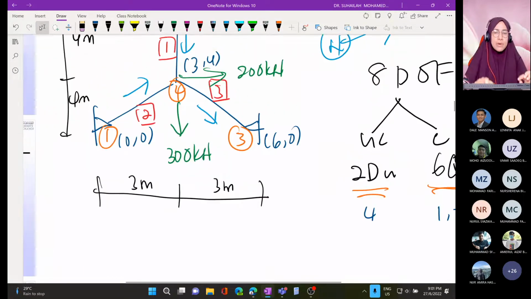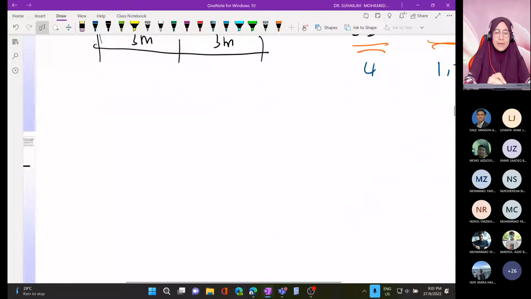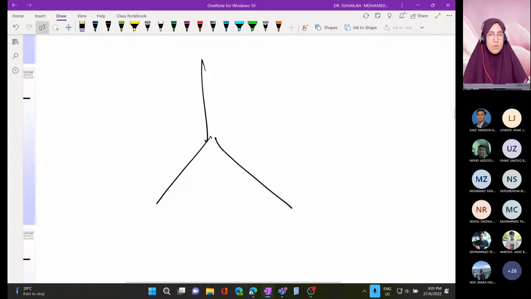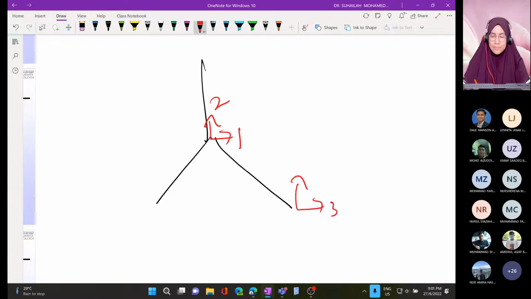So we have to label. Because this diagram is already full, I redraw the diagram. Okay, sketch only. This is just to show you how we label degrees of freedom. We have 2, this is 1 and 2. Okay, and then continue. Either one, you can choose this one as 3, 4, doesn't matter. Or another friend may want to choose this one as 3, 4.